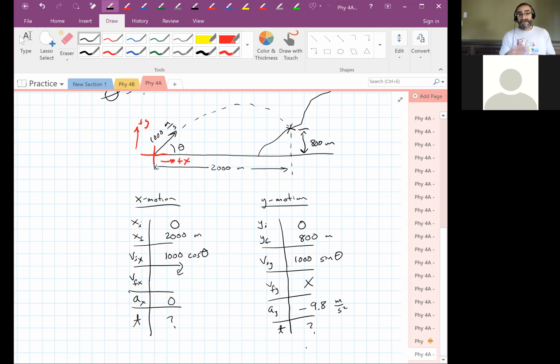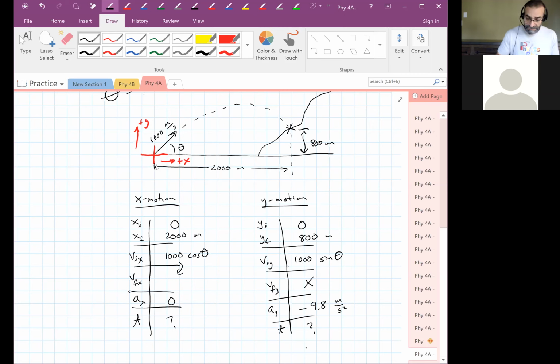We would use one of these directions to get the time, plug it into the other one, and solve for whatever we're looking for. But in this case, we have two unknowns. We're missing theta and we're missing t, but we're going to end up with two equations. So we need two equations that have theta and t in them, and then we can solve simultaneous equations.